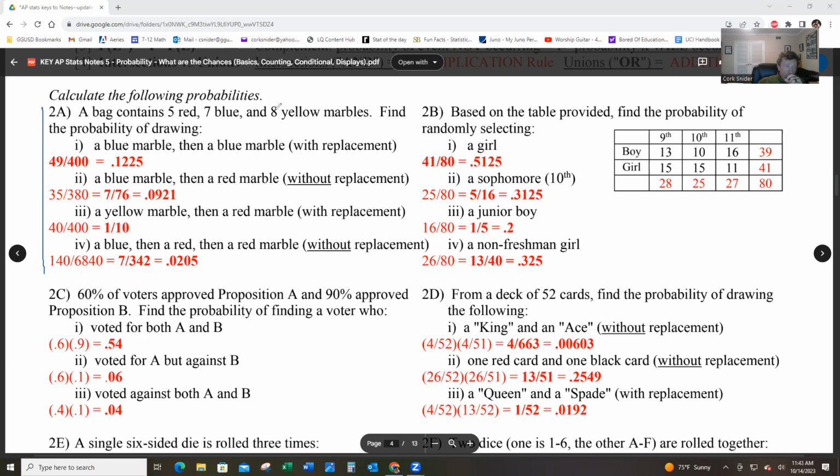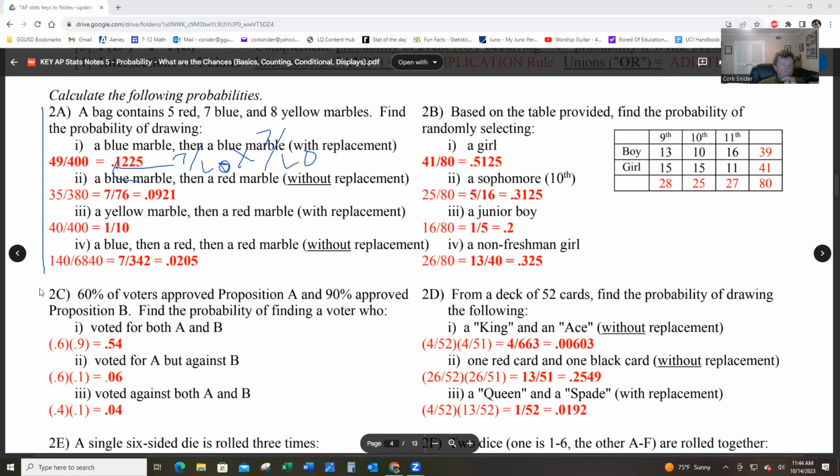No problem. So blue is 7, so a blue is 7/20. If you put it back, times 7/20. Sorry for my terrible handwriting there. And it ends up being 49 over 400.